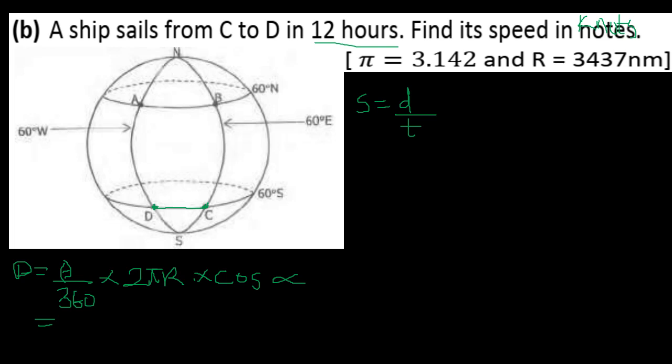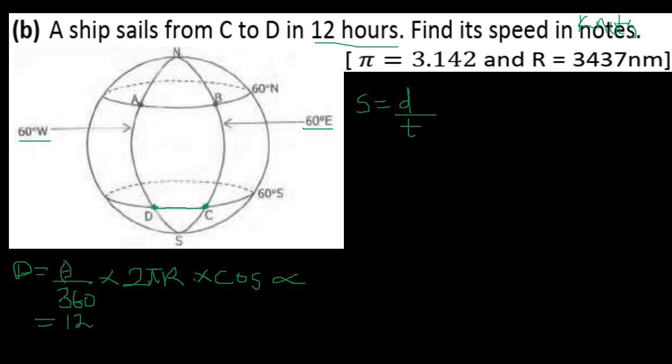But in this case, let us find our difference first. What is the difference between point C and D? What is the difference in longitude this time? Since they are lying on the same latitude, we find the difference in longitude. They lie on different longitudes, 60 degrees east and 60 degrees west, so we add, and our theta will be 120 when we add 60 plus 60.